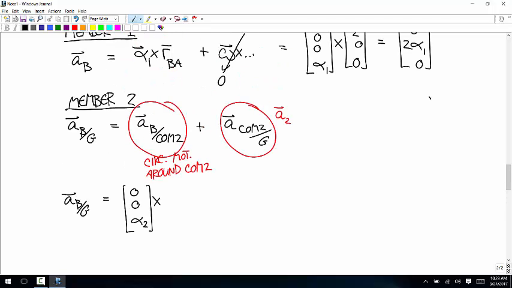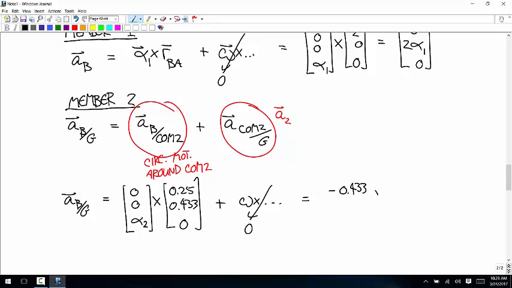So that is 0.5 times cosine and sine of 60, so that's 0.25, 0.433. And then plus all this stuff, 0. Yeah, given. And so this is negative 0.433 alpha 2.